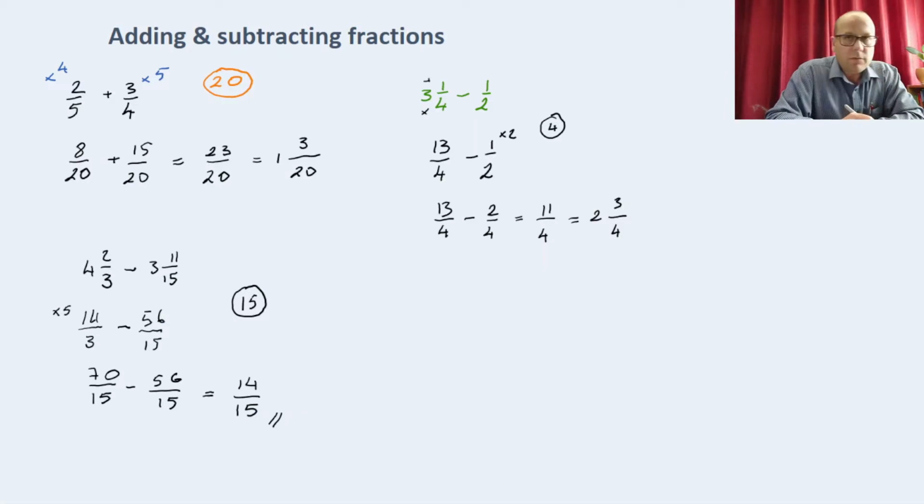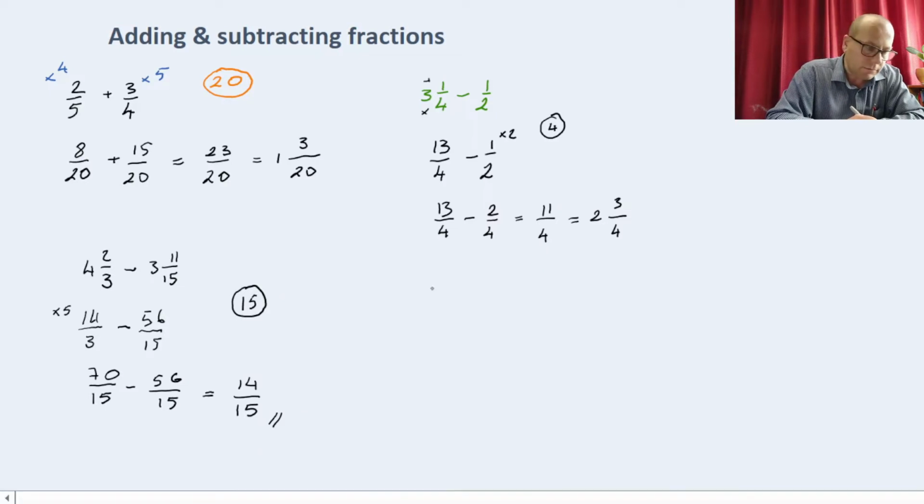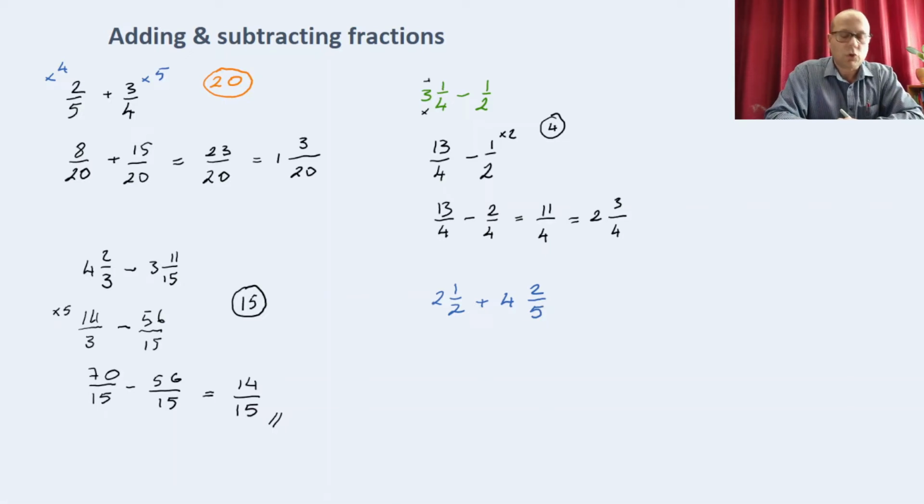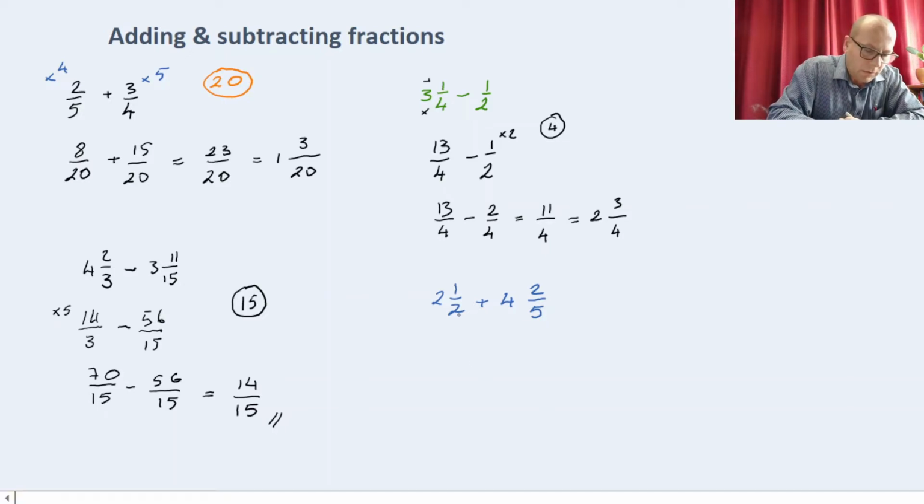Another example of the addition of two mixed numbers. 2 1/2 add 4 2 over 5. Of course, we change the mixed numbers into top heavy. 2 times 2, 4, add 1 is 5 over 2 plus 22 over 5.